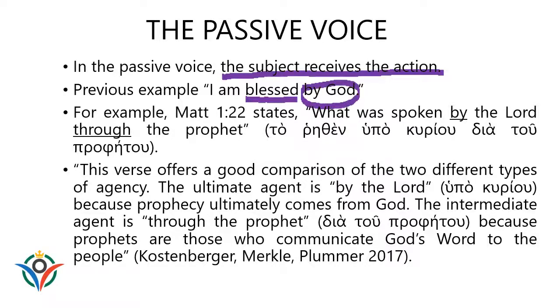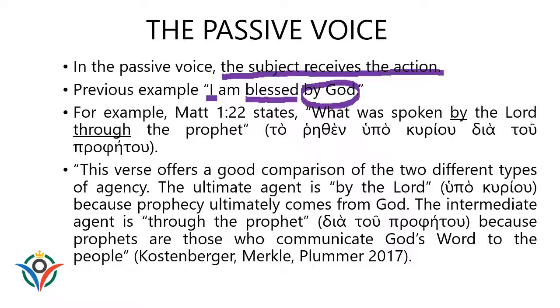So God is the one blessing the subject, I. So take a look at this example from Scripture, Matthew 1 verse 22, that states, what was spoken by the Lord through the prophet. So in this verse, the subject is what is spoken. And what is spoken is done by an agent. And in this case, two agents, the Lord and the prophet.